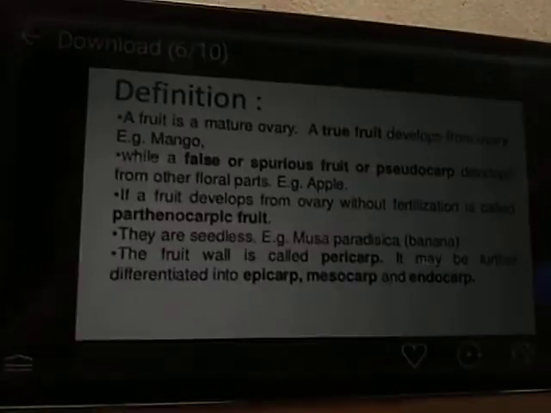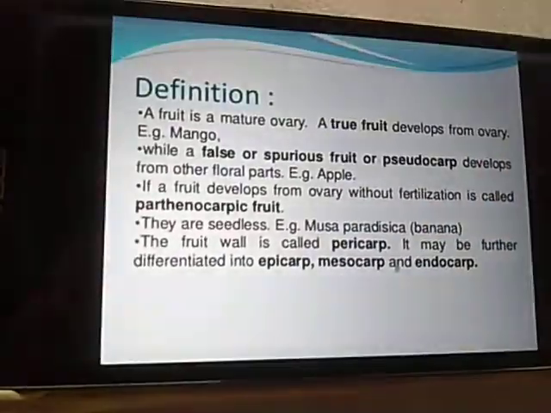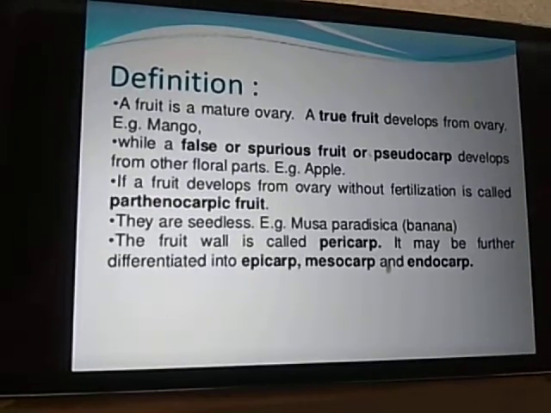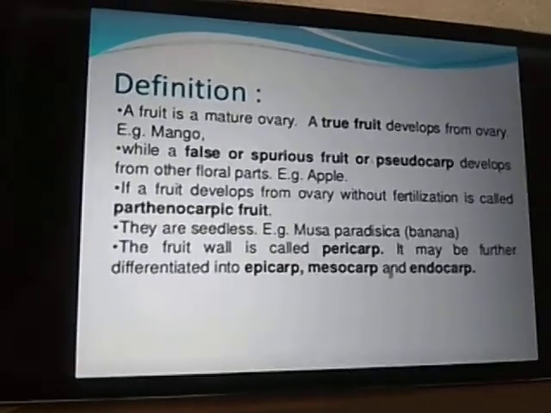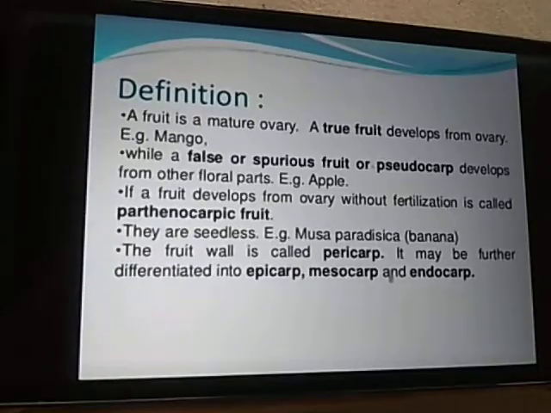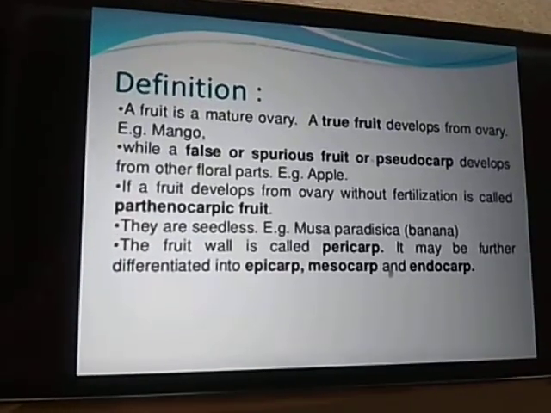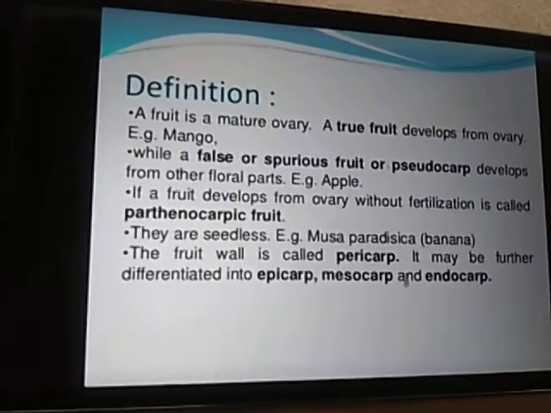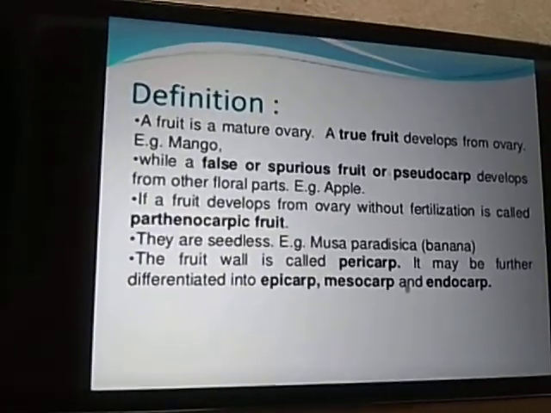That is a false fruit. But a fruit that develops from the ovary without fertilization is called a parthenocarpic fruit. Whenever a fruit develops without fertilization, it is called parthenocarpic fruit. Parthenocarpic fruits are seedless, like Musa, banana.